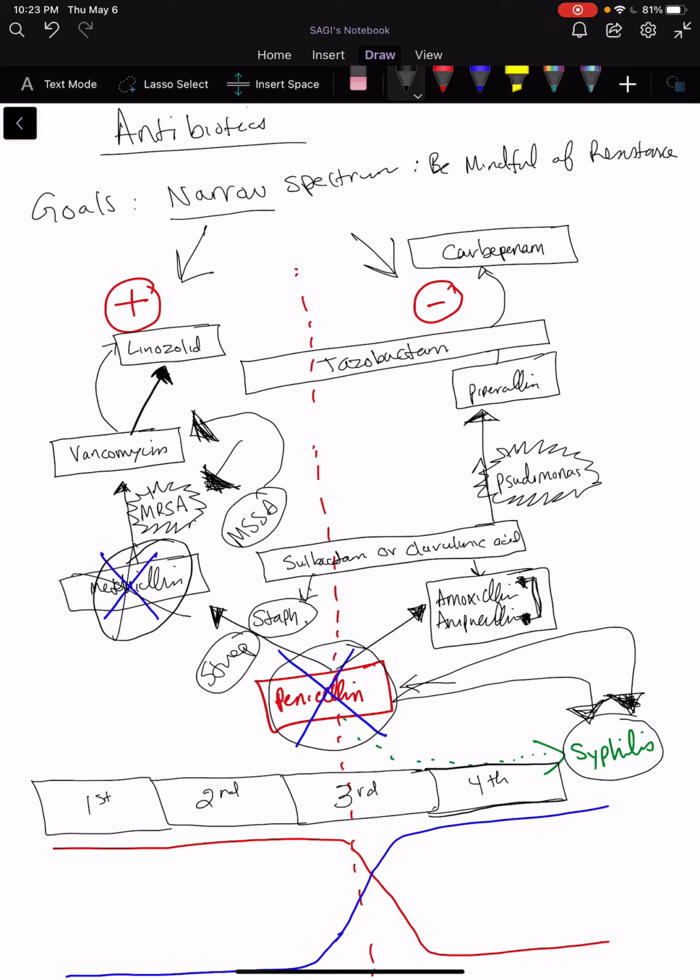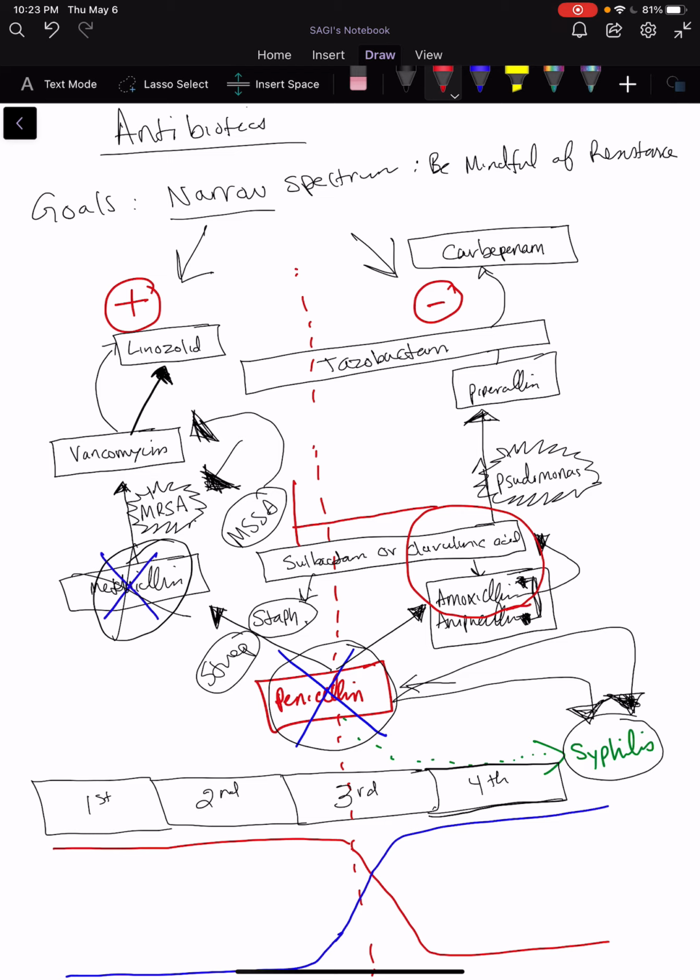And then I want you to know that in order to get amoxicillin to be broad spectrum, you have to add the beta-lactamase inhibitor. The beta-lactamase inhibitor for amoxicillin is clavulanic acid. Once you add amoxicillin and clavulanic acid, this becomes broad spectrum because now you cover gram-negative and gram-positive, but not MRSA.